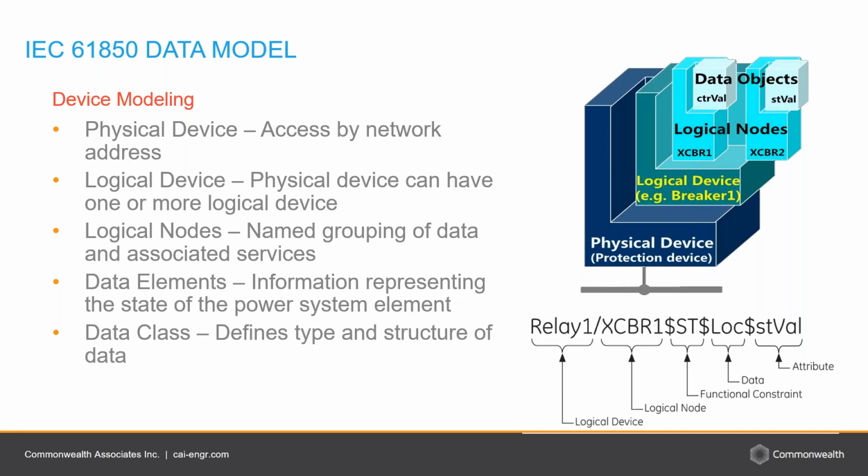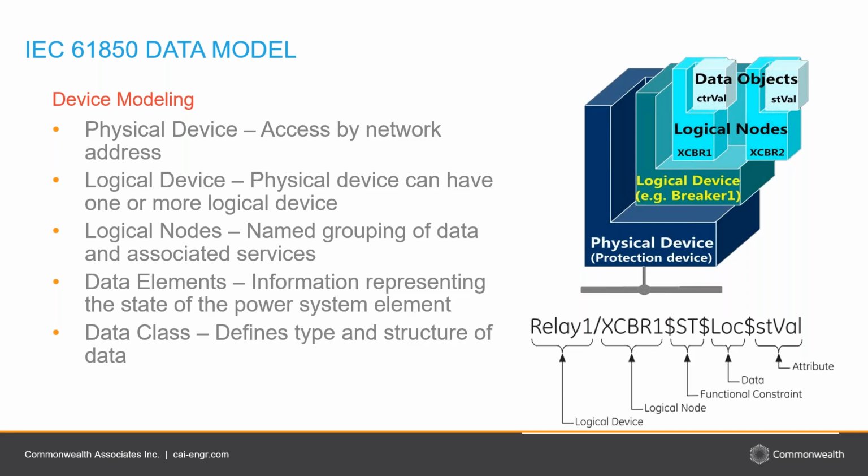In this case, it would be the XCBR logical node as shown in the diagram. That node will have multiple data elements. One of the data elements will be about the mode of operation of the breaker, whether it's in remote or local mode of operation. Another data element may store the operation count of the circuit breaker. Similarly, there would be switch position data or data for open, close, block commands.